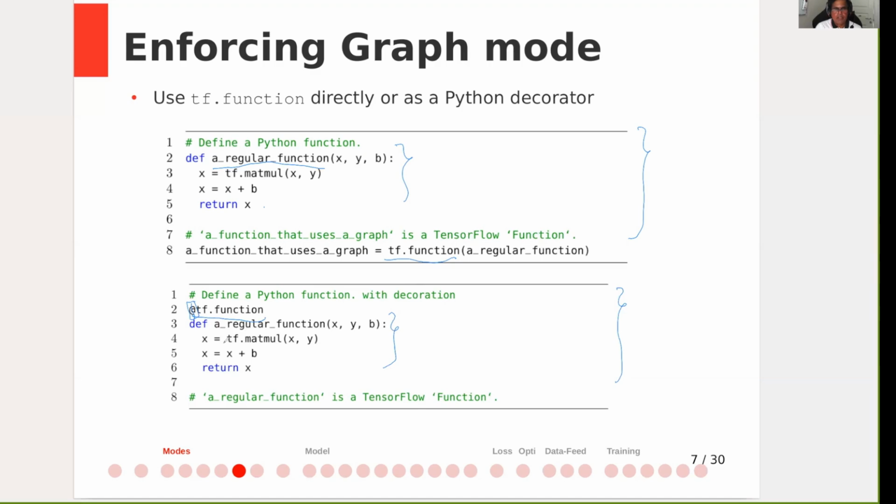And once you have decorated the function like this, whenever you call it, it will be executed as a graph. So that is how to enforce the graph mode. If you don't do that, TensorFlow by default goes to the eager execution mode.